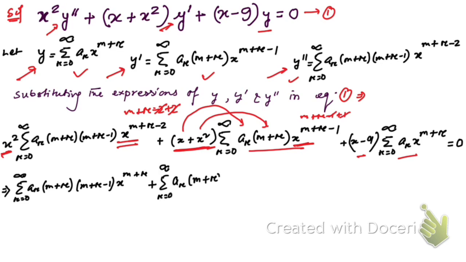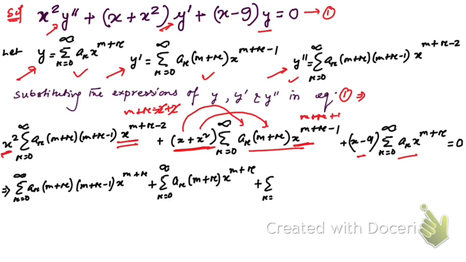Here you see, that's what we're going to have, right? Here we have multiplied x with this. Now we're going to multiply x square with this. In that case, we will have m plus r minus 1, and as there is x square, it's going to be plus 2, which gives m plus r plus 1.